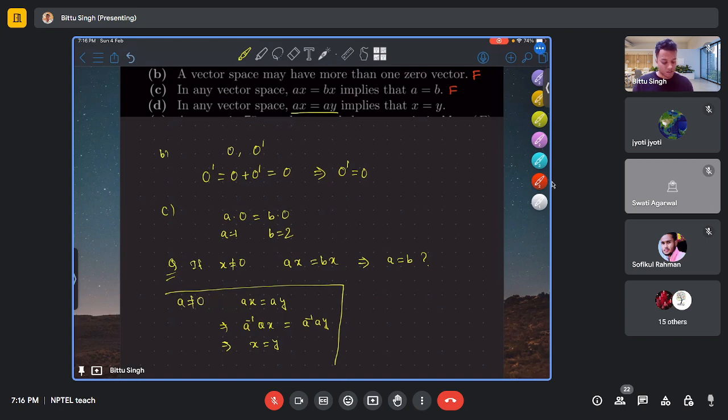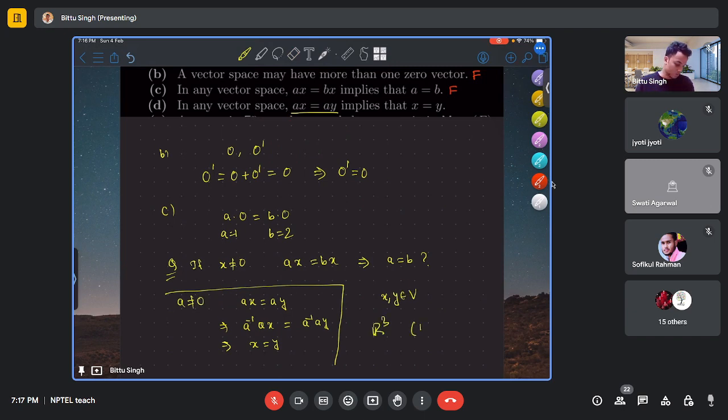Because in a vector space, there is no multiplication structure. That is, V does not have any multiplication. So take X, Y belongs to V. You cannot multiply X with Y. The multiplication will work for the scalar field. For example, consider this vector space R3.